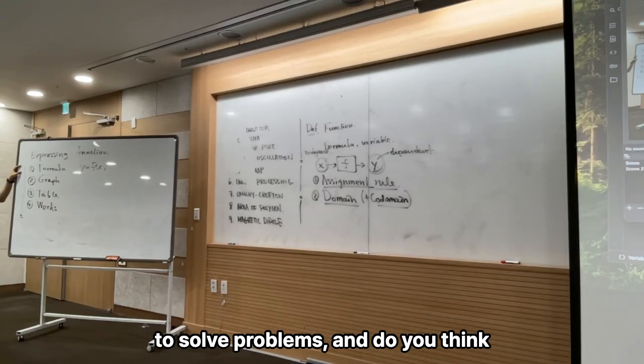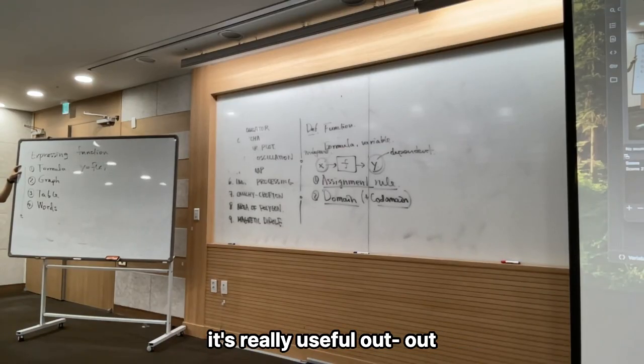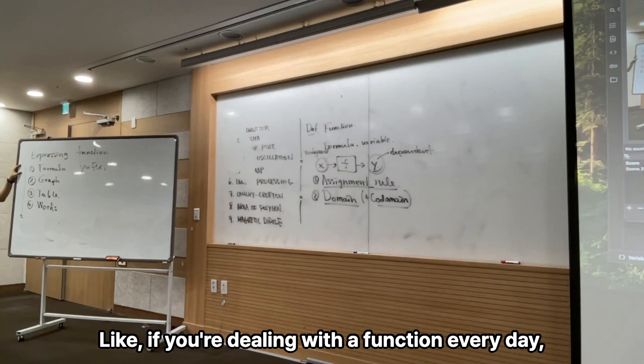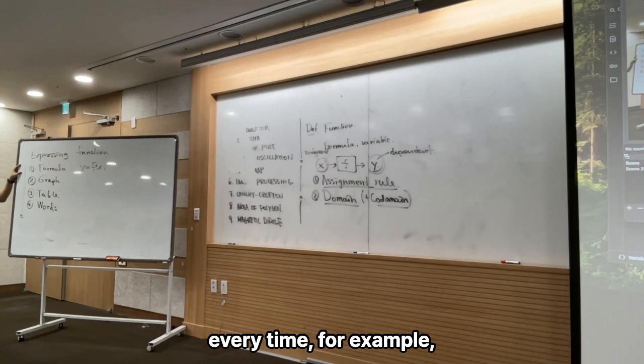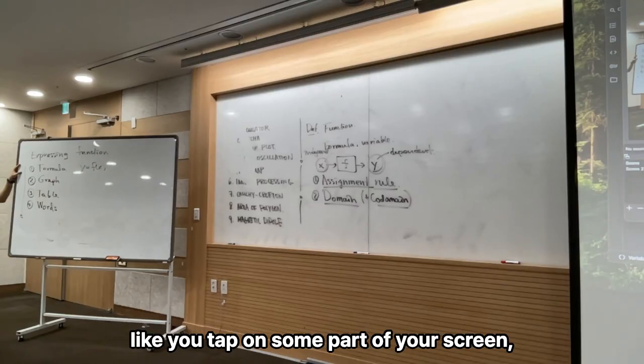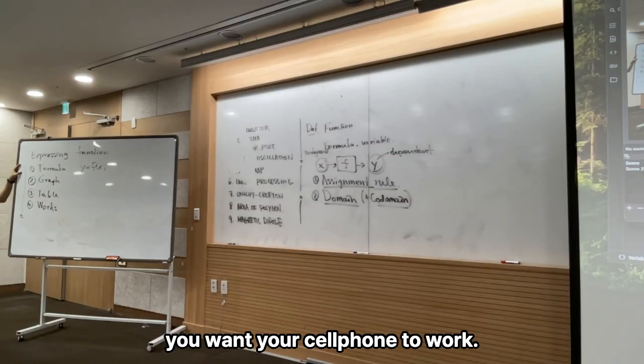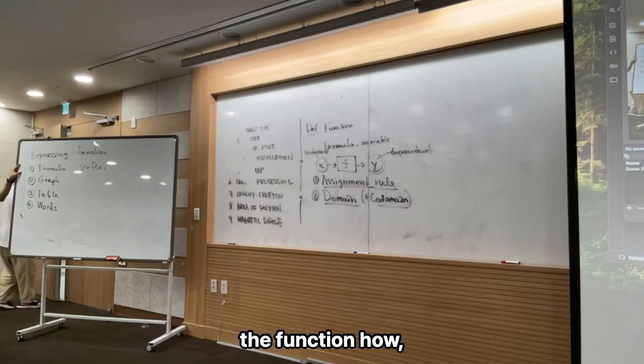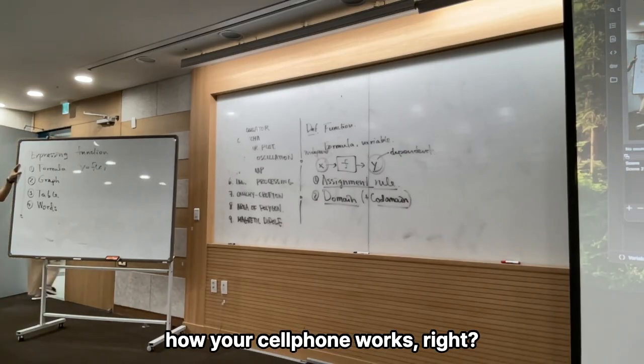And do you think it's really useful outside of your school boundary? For example, everything you do is a function. You tap on some part of your screen, you want your cell phone to work. That means you know the function, how your cell phone works, right?